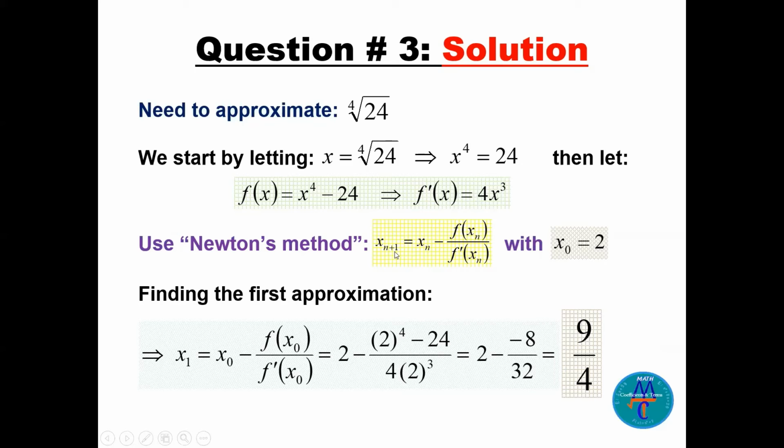We know it now in lecture 14 with x sub 0 is 2. So I put x sub 1 is equal x sub 0 minus f of x sub 0, which is 2, divided by f prime of x sub 0. Put the numbers there. Try it yourself, please. You will get 9/4. This is the first approximation.